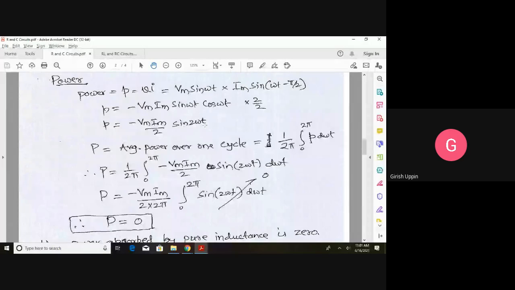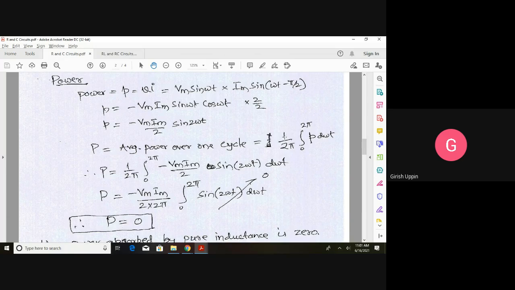Now to calculate the average power over one cycle, we have to integrate this equation. This is the instantaneous value of the power. We integrate from 0 to 2 pi, that is one cycle, with respect to d omega t, and divide by the total time period, which is 2 pi.